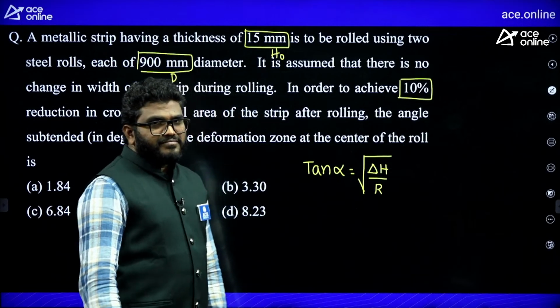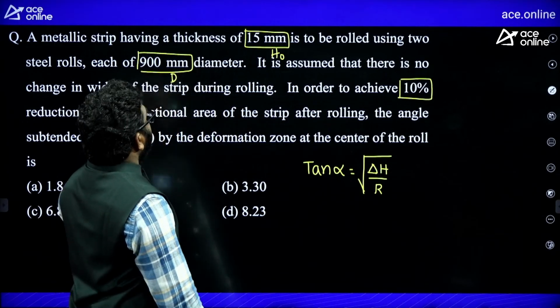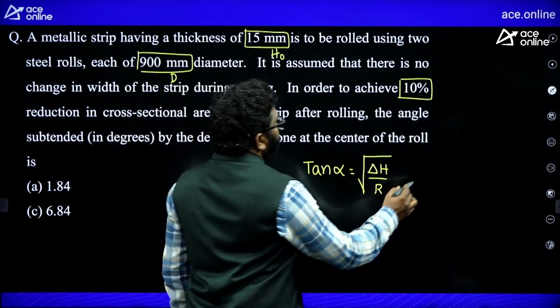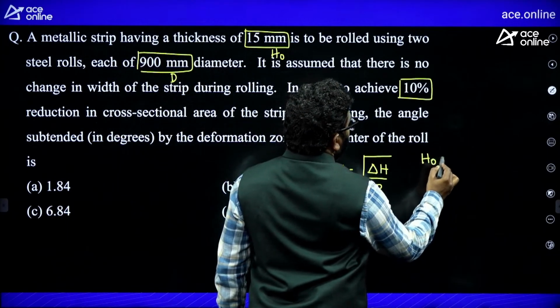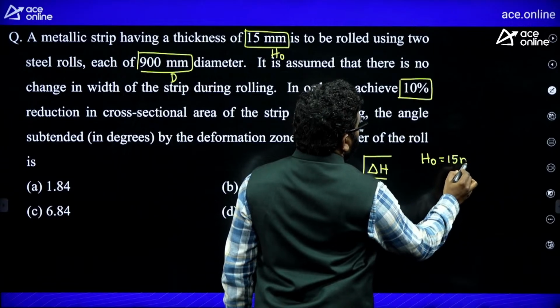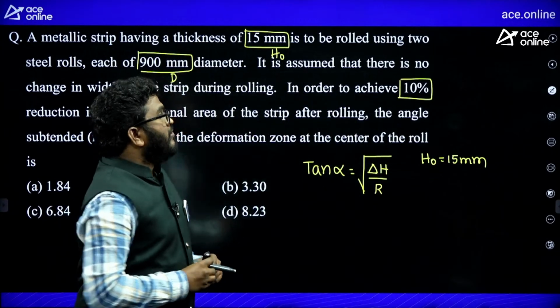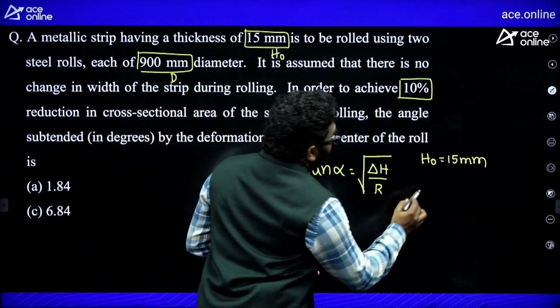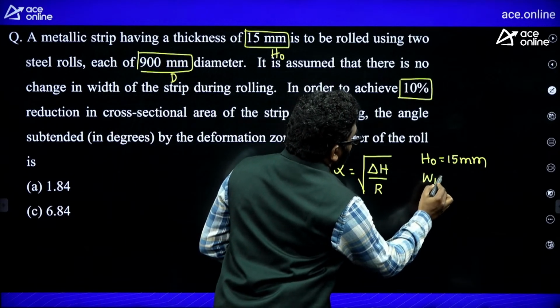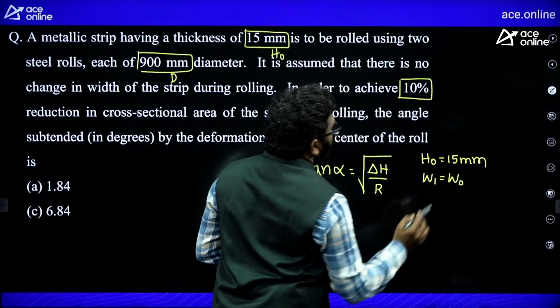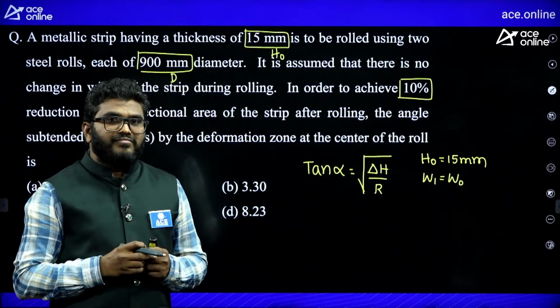But initial thickness H0 is given, 15 mm. Final thickness is not given, and they are saying that the width of the strip is constant. W1 is equal to W0. There is no change in width.